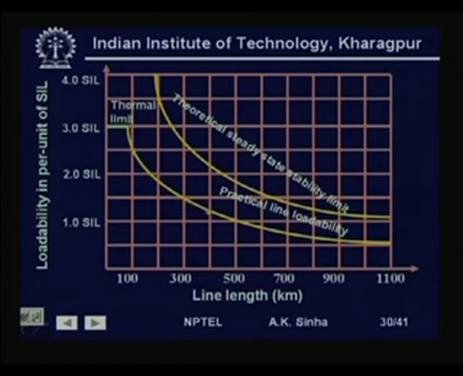We will get this kind of a characteristic, which shows that beyond 500 kilometers we have to load the line at a limit which is lower than surge impedance loading. So, we see that if the line length increases, our power transfer capability also reduces.